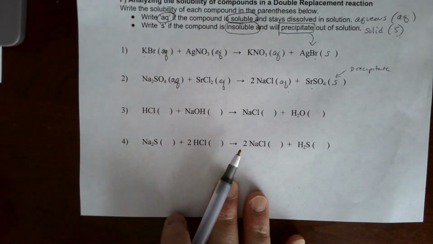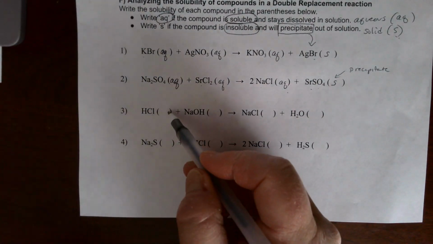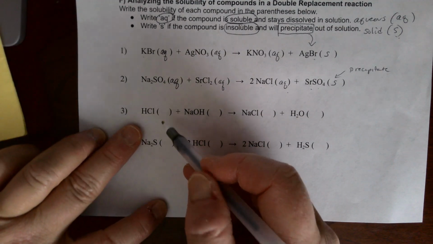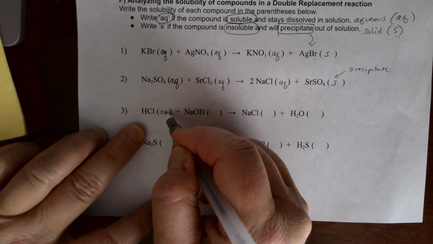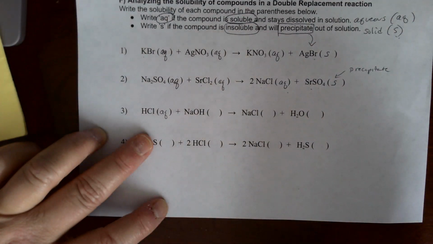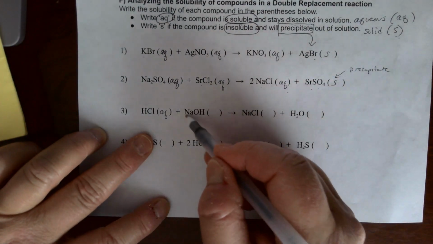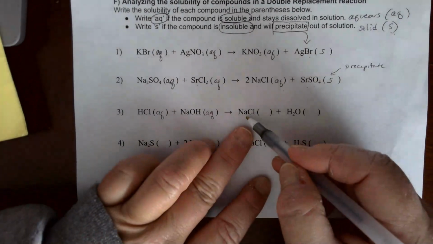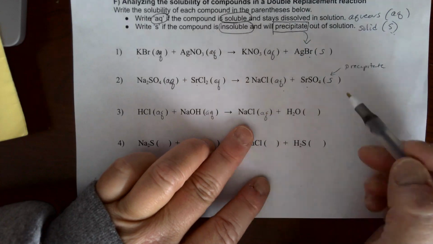Okay, let's take a look at the next ones. HCl, this is a chloride, which are soluble. There are a few exceptions, but hydrogen is not one of them, so this is aqueous. I see sodium over here, it is aqueous.